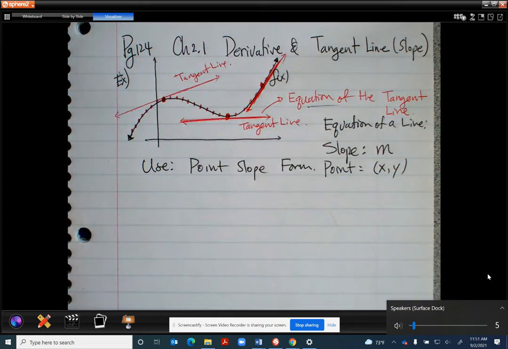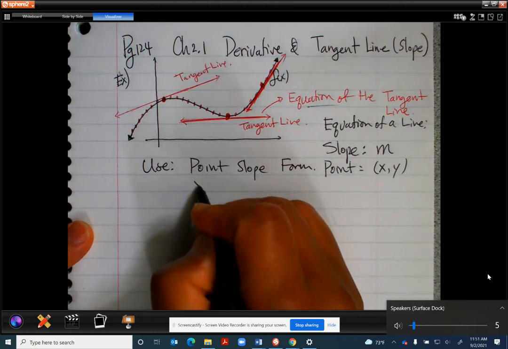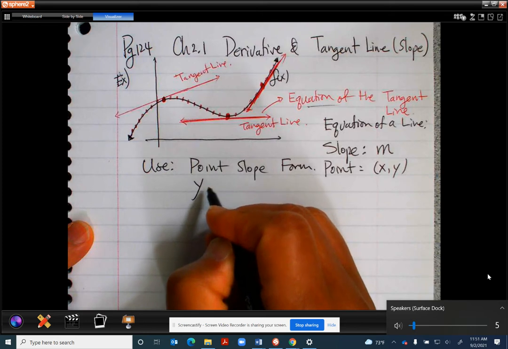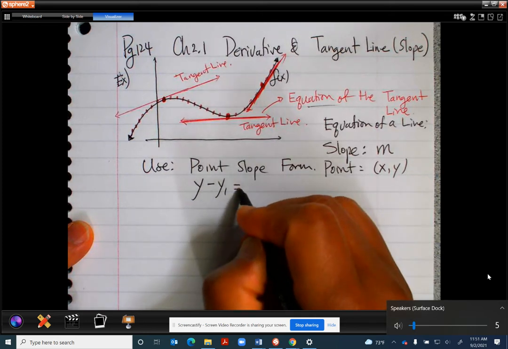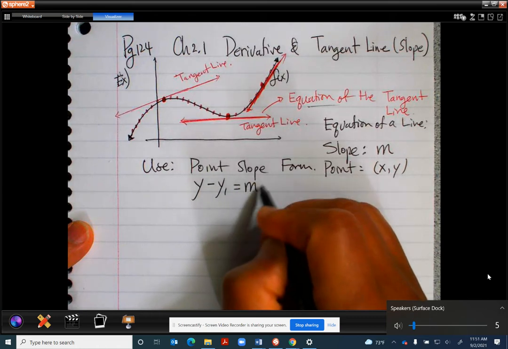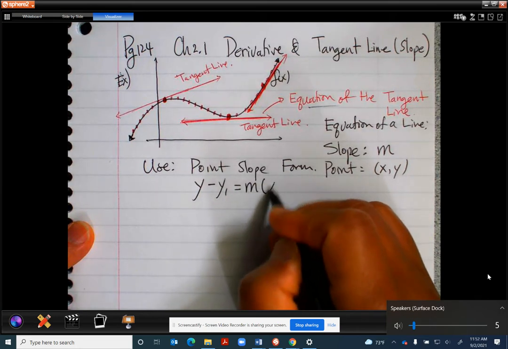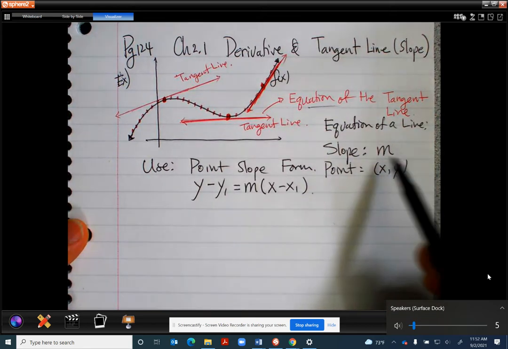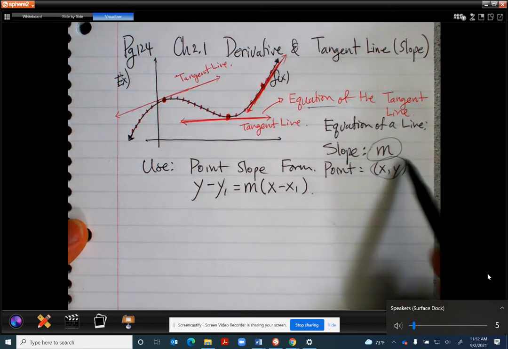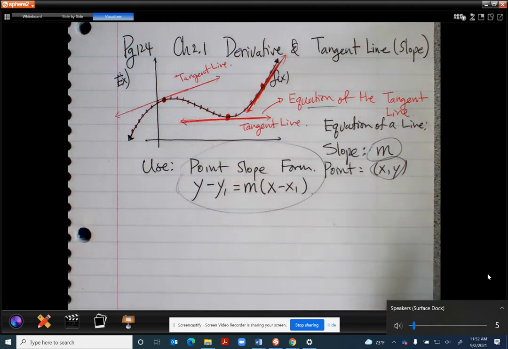Do you guys remember point slope form? What is point slope form? y minus y1 is equal to m times x minus x1. Alright, so we need to have a slope, we need to have a point, and we need to use this formula to find the equation of a line.